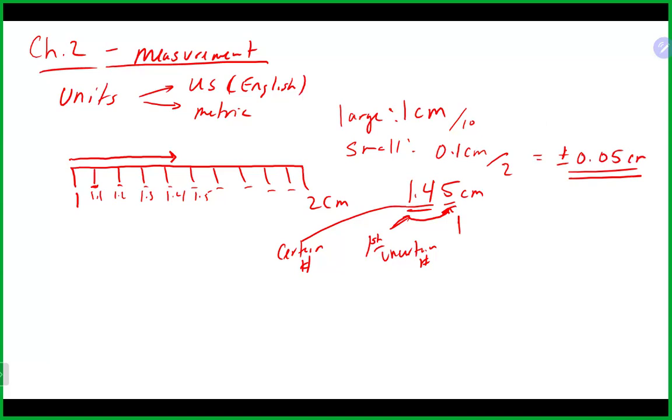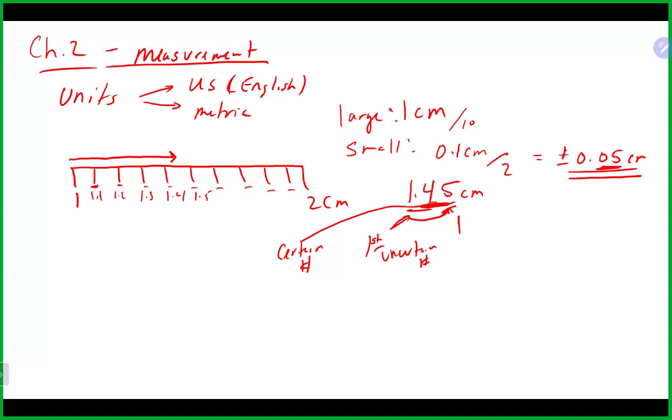So if you can't figure out how far you should take the reading, but you can figure out what the smallest markings represent, then all you have to do is divide the smallest markings by 2, and that'll tell you how far you should take the reading. So here we could go to 2 decimal places, and that is exactly where we should take the reading. So make sure that you know how to do that.